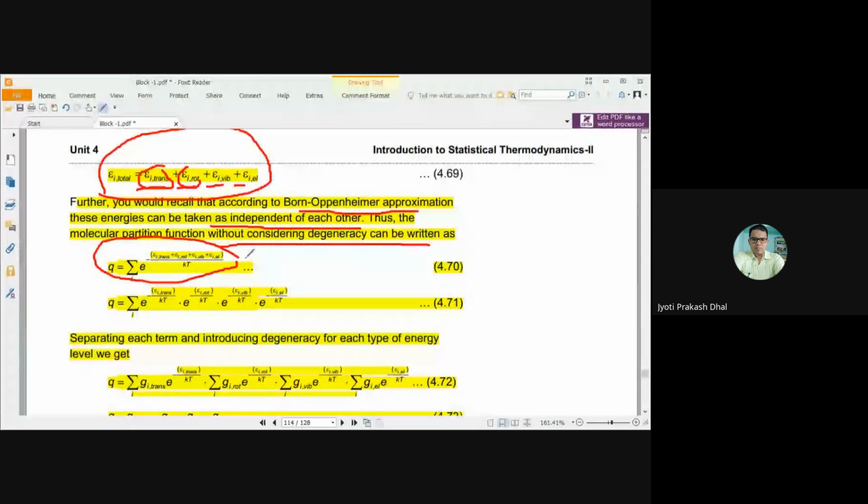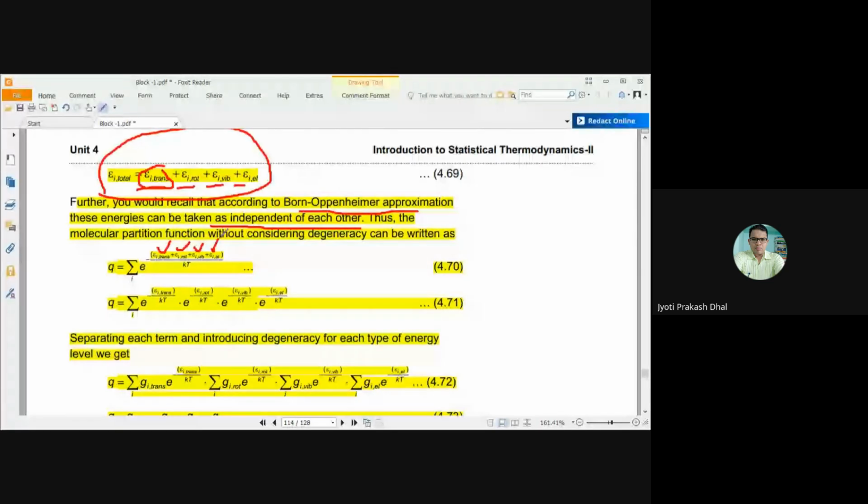Without considering the degeneracy, that means the degeneracy is 1, the molecular partition function can be written as Q equals the summation of e to the power minus epsilon i translational plus epsilon i rotational plus epsilon i vibrational plus epsilon i electronic divided by kT.